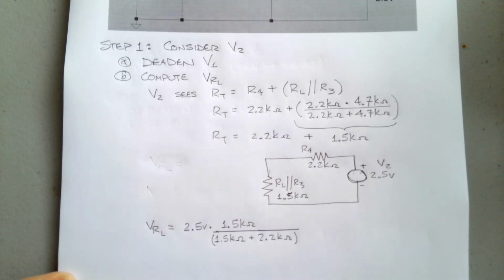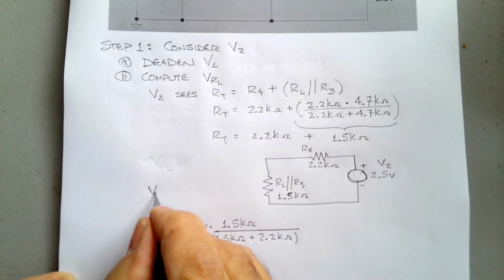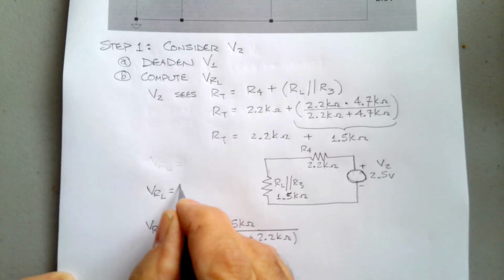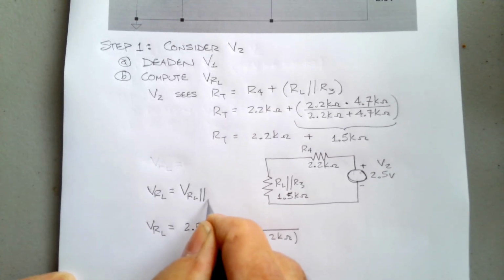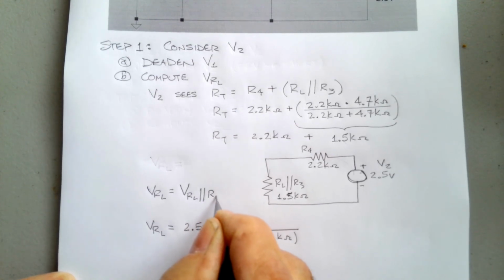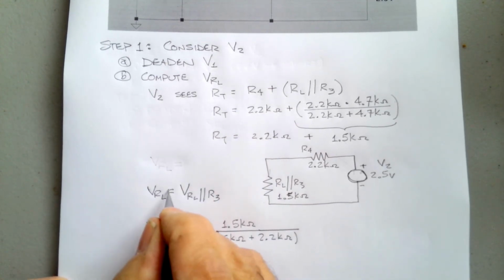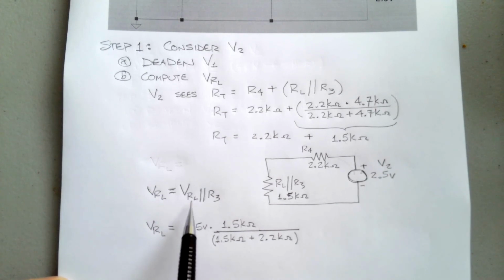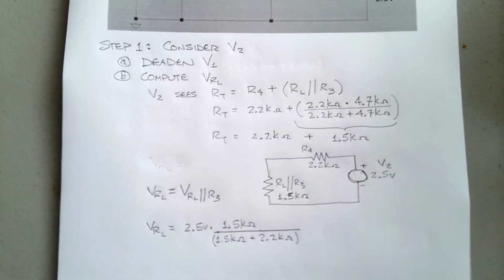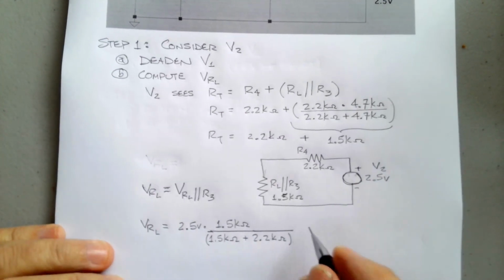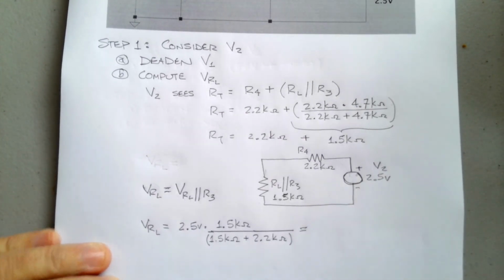And of course, like we did last time, we can state that VRL is equal to the voltage across VR3. It's always true that the voltage across any one resistor in a parallel combination is equal to the voltage across the entire parallel combination, because the voltage is always the same in a parallel circuit.